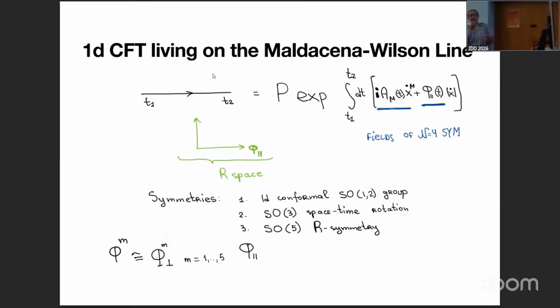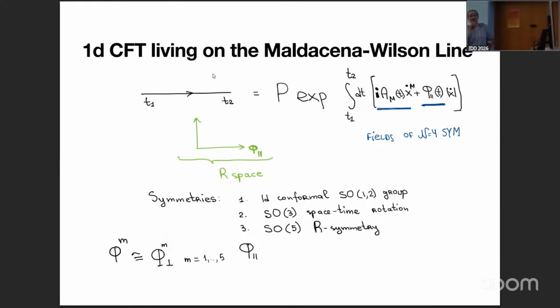It is a Wilson line, but we also have a coupling of one of the fields of N equals 4. And also because we have a direction in R space, we can choose one of the directions in R space to be parallel to the line, so that we have a notion. So our 6 scalar fields of N equals 4 break their symmetry.